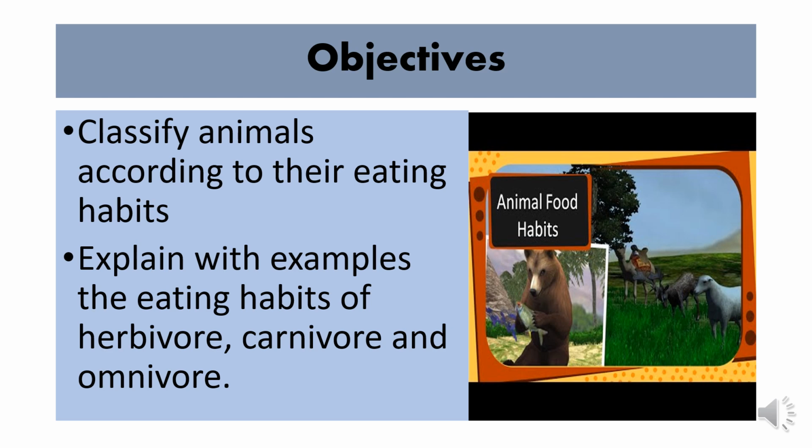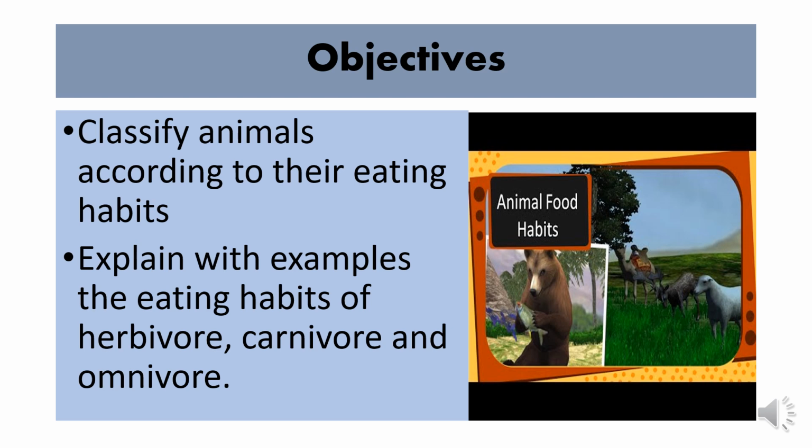Okay, at the end of this topic, you will know how to classify animals according to their eating habits. Next, you also can explain with examples the eating habits of herbivore, carnivore, and omnivore. After this, I am going to explain more about what herbivore, carnivore, and omnivore are.